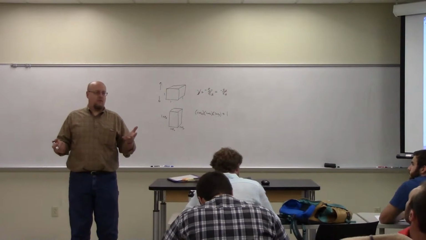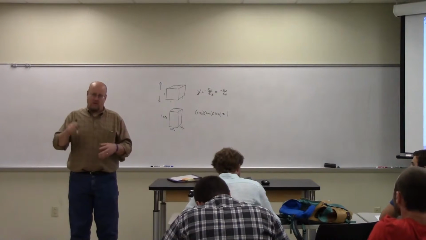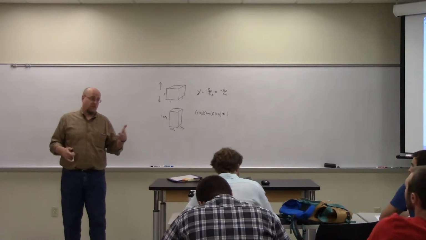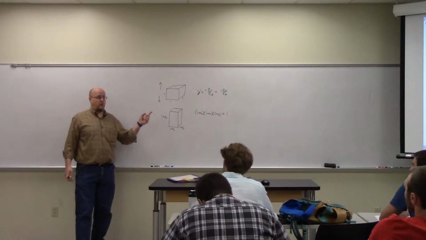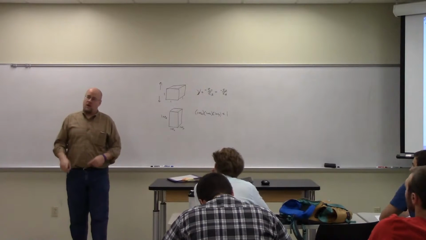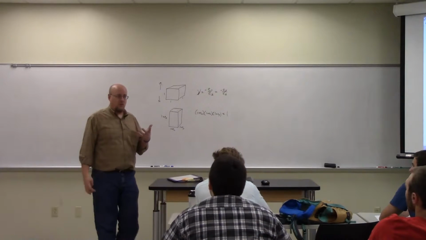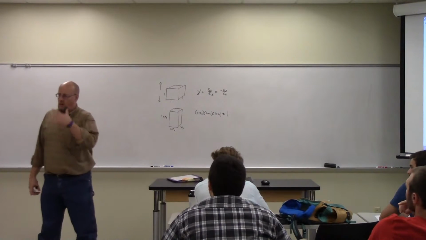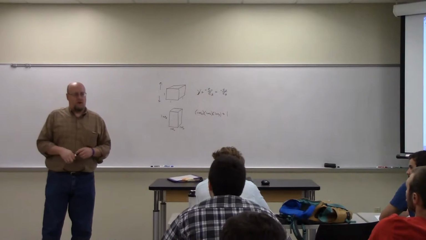But a chunk of copper is isotropic, as long as it's not a single crystal. If it's a single crystal of copper, it's not isotropic because the 110 direction and the 111 direction are going to have different properties. And if we have a polycrystalline material with randomly oriented grains, it's isotropic.